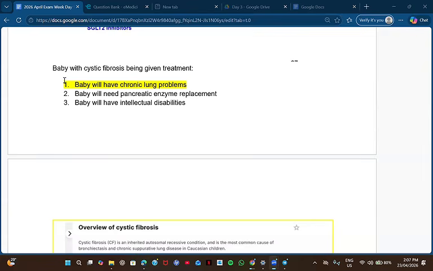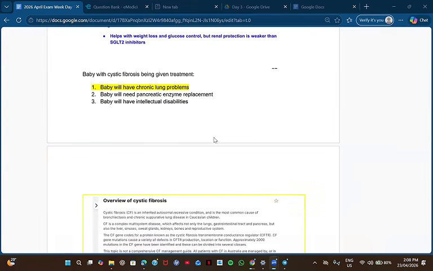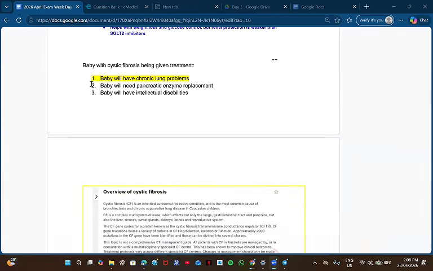But here the baby will have chronic lung problems, which makes more sense when we compare these two, because only patients presenting with pancreatic insufficiency get enzyme replacement therapy. Otherwise, the baby having a chronic lung problem is the most common thing.